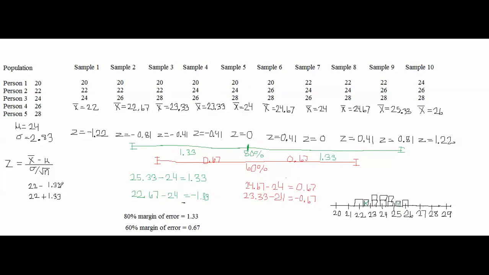When we subtract 22 by 1.33, we get 20.67. And when we add 22 plus 1.33, we get 23.33. And the confidence interval is actually the interval between these two numbers. So we would say that the 80% confidence interval goes from 20.67 to 23.33.